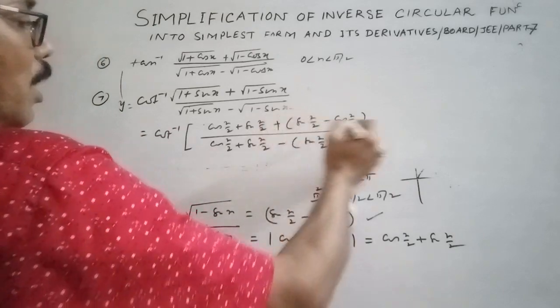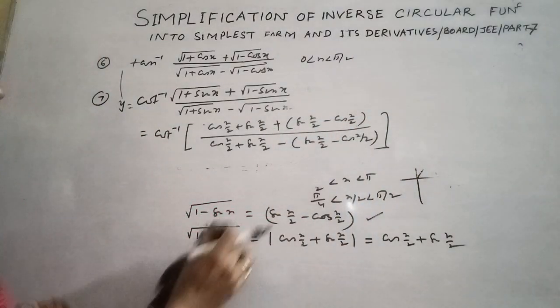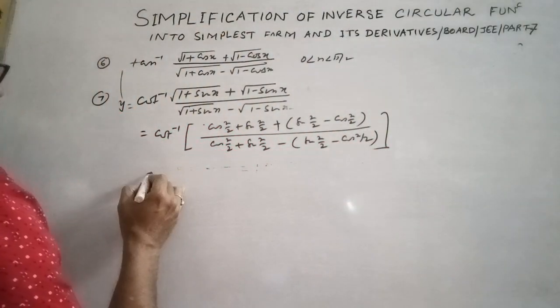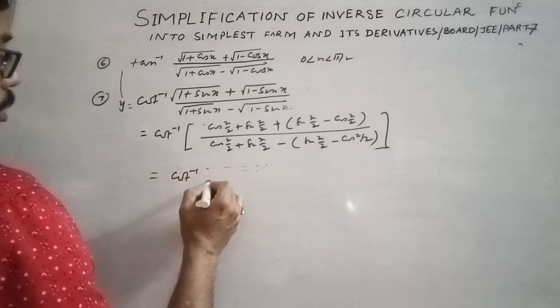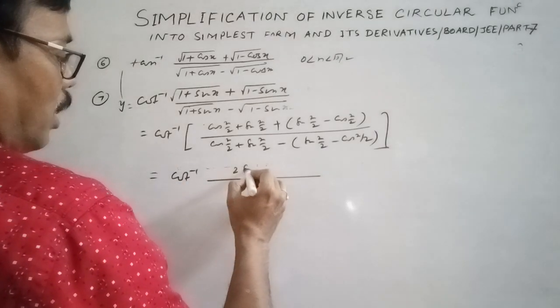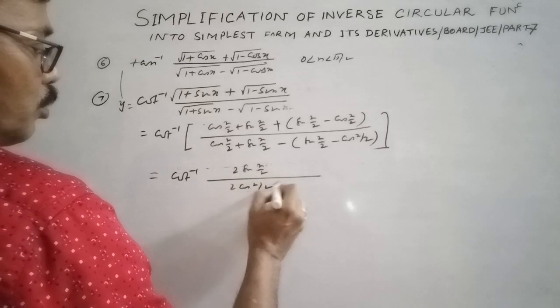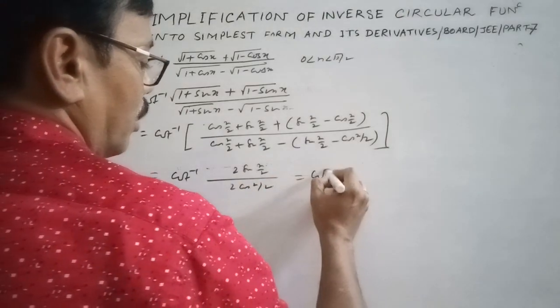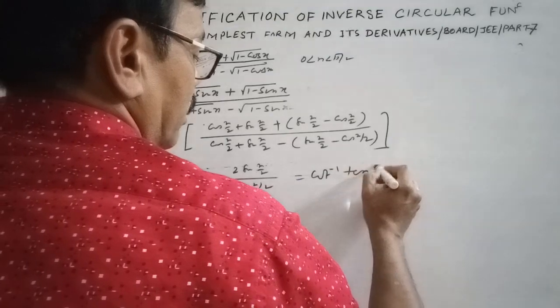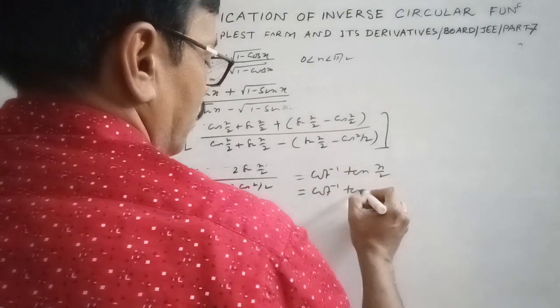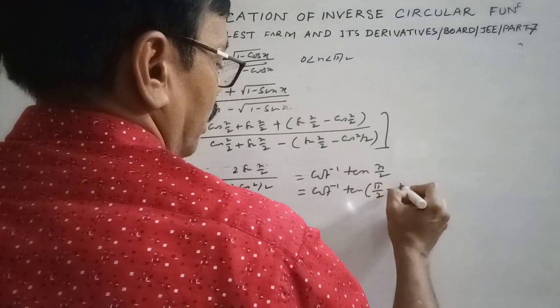So this one is plus, and this one is plus. Now this one gives 2 sin x/2 and this is 2 cos x/2. So cot inverse of tan x/2, so cot inverse of tan (pi/2 minus x/2).